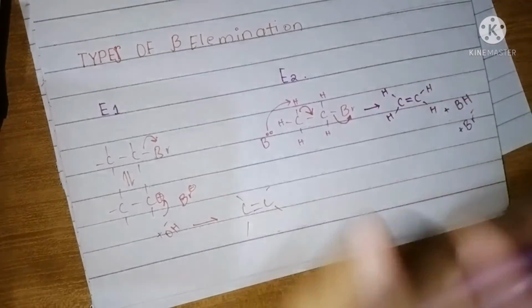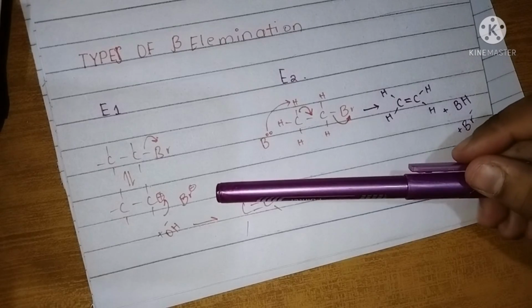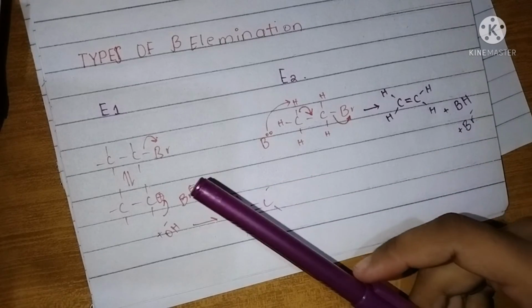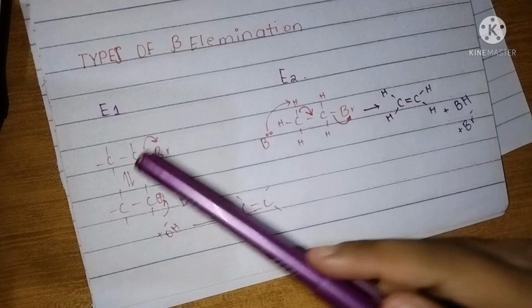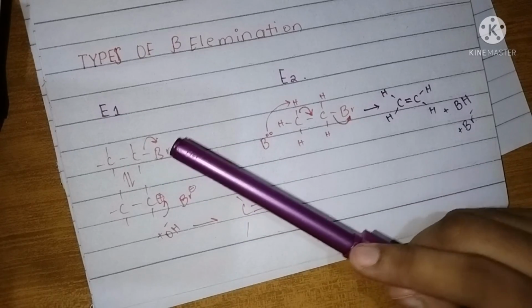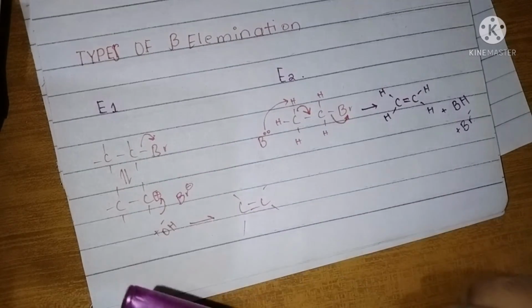The E1 mechanism, on the other hand, is a unimolecular mechanism. The rate of reaction depends upon the alkyl halide only, and this is the rate determining reaction.